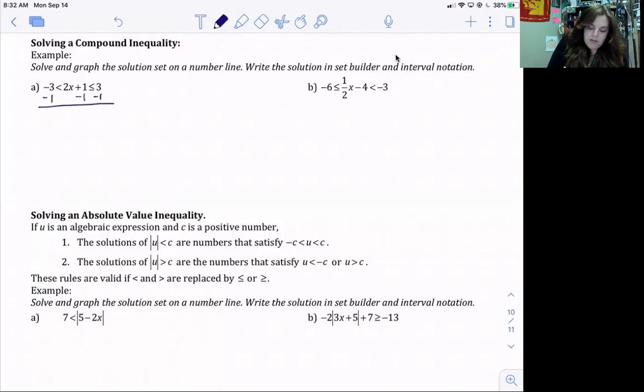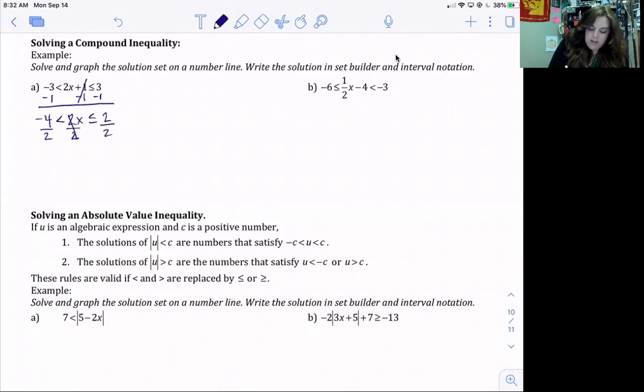So -3 minus 1 is -4, which is less than 2x, which is less than or equal to 3 minus 1 is 2. Then to get x by itself, we're going to divide by 2 in the center, which means we're going to divide by 2 on the left and divide by 2 on the right.